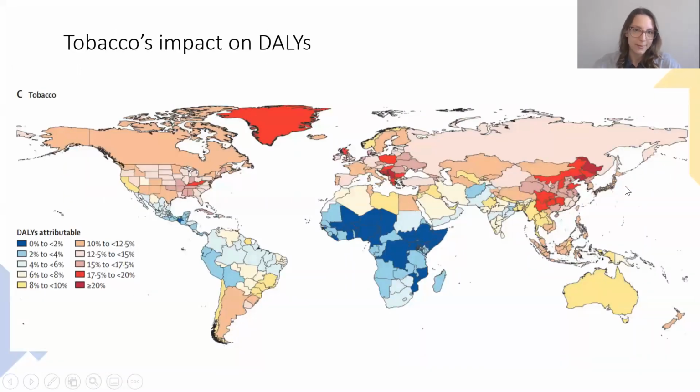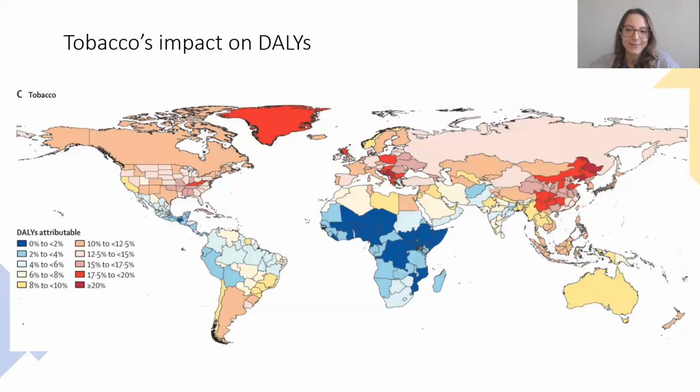So this is tobacco's impact on DALYs. And remember, DALYs are the disability adjusted life years. So it's another way of looking at the burden. Instead of looking at mortality or morbidity, it quantifies the life years that are going to be related to poor quality of health. So what do we see based on this?